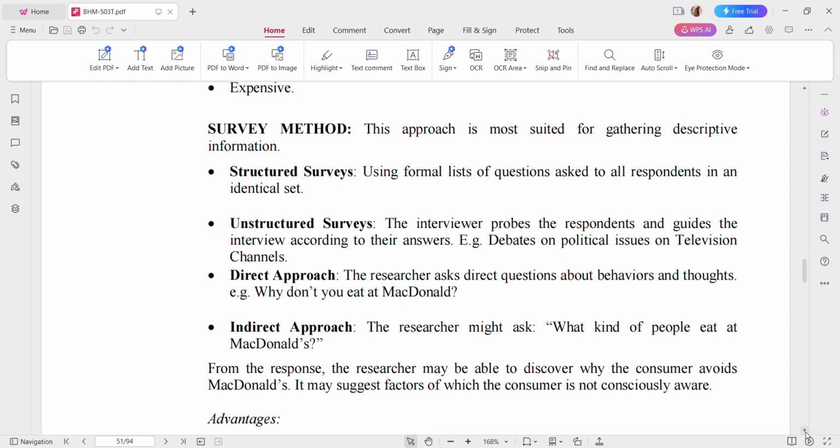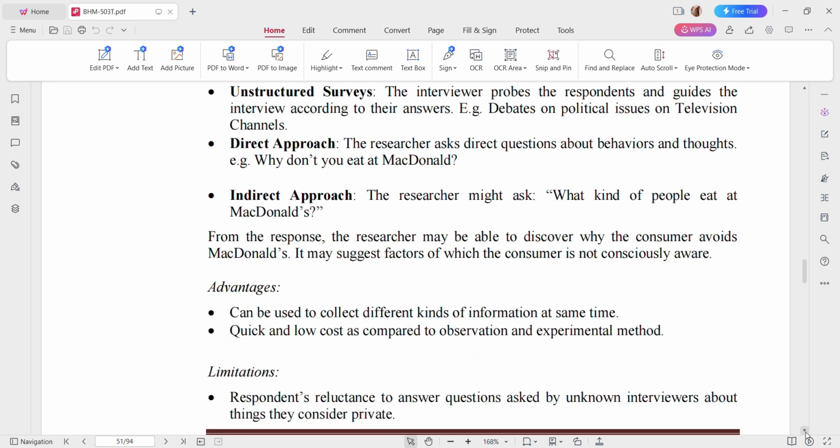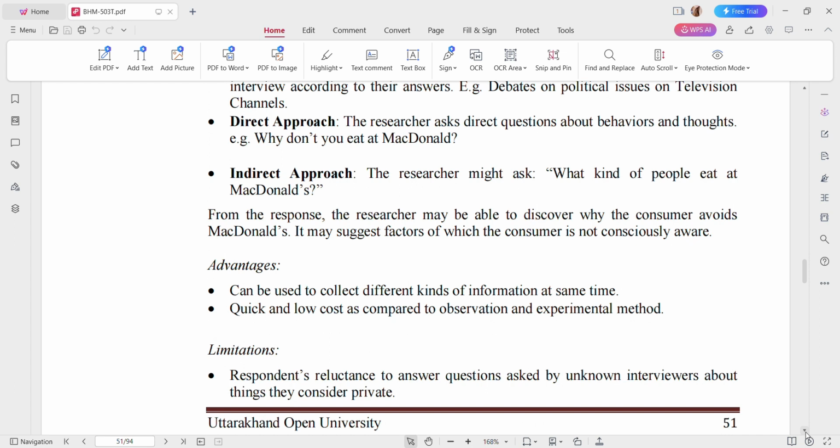So from there, you can have a common or similar answer to the direct approach. So I said we can use this indirect approach, especially when it is a bit sensitive. We have to be very careful of the words that we use in conducting research. It should not be confusing.